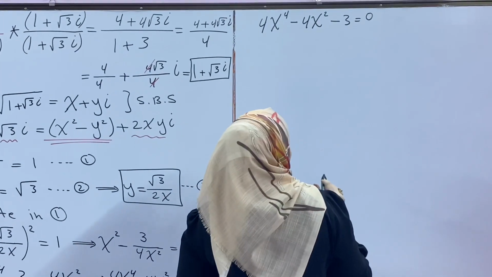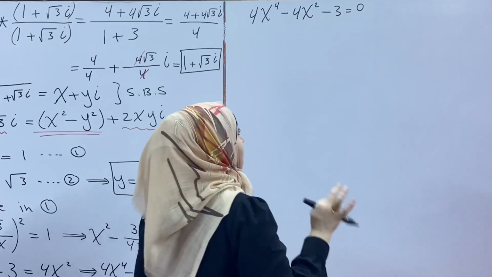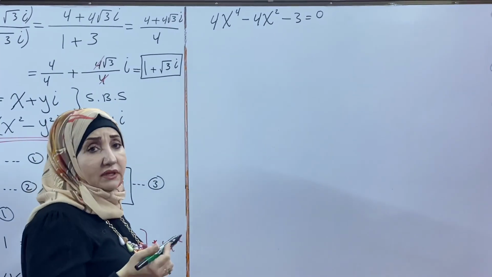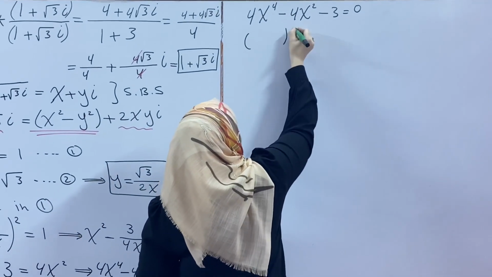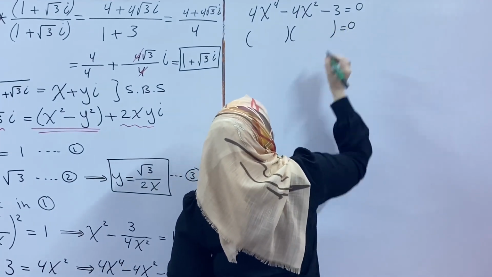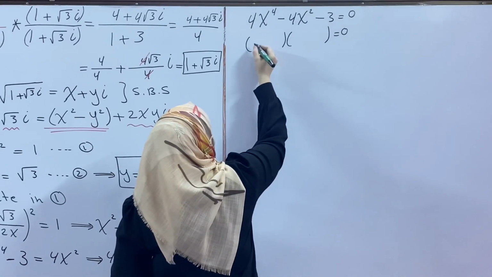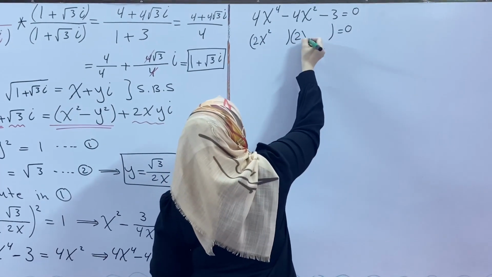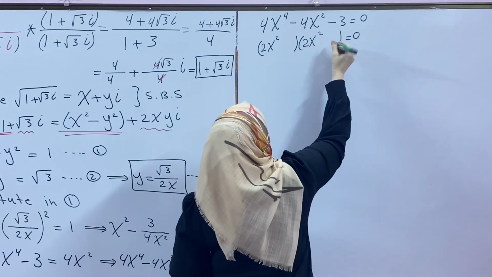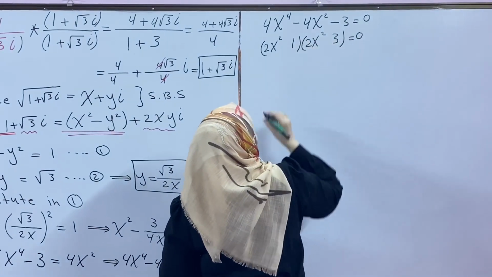I can factor by experiment because I have 3 terms. So I will write 2 brackets. 4x power 4 comes from 2x squared multiplied by 2x squared. 3 comes from 3 multiplied by 1.